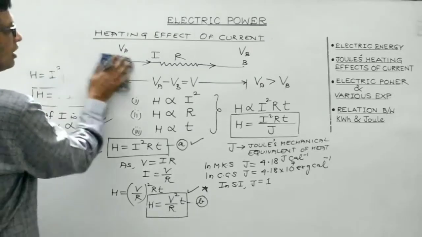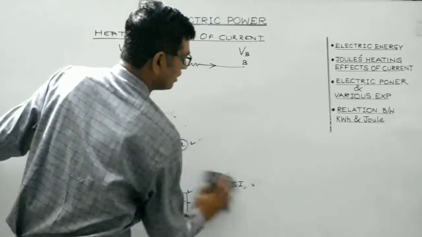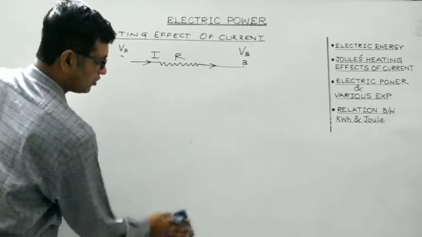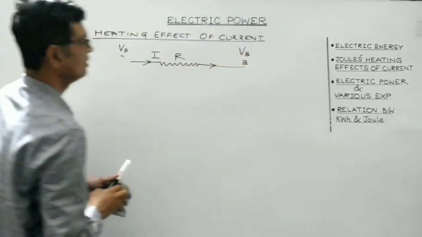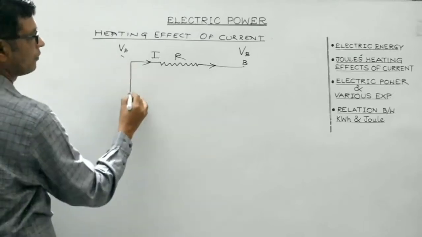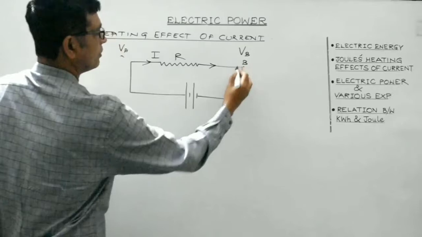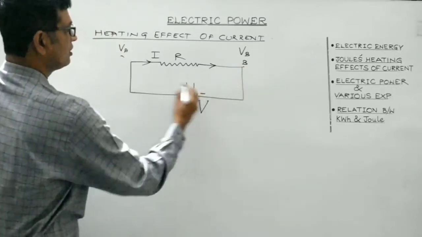So students, we all are aware of the concept of potential difference, isn't it? It is actually the amount of work done per unit charge in making the charge move from one point to another so as to complete the circuit. So suppose this is the source which is providing a potential difference of V. This is the higher potential, this is a lower potential.